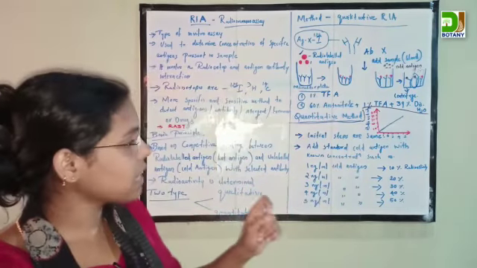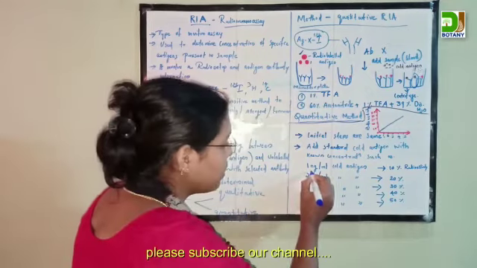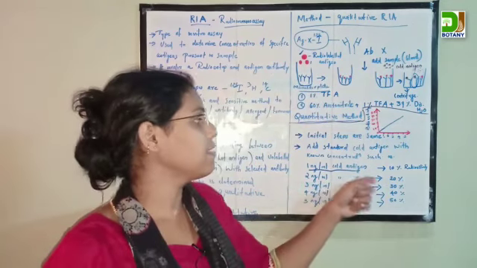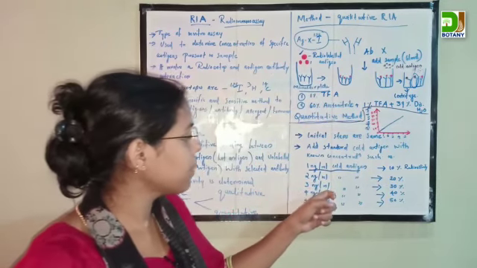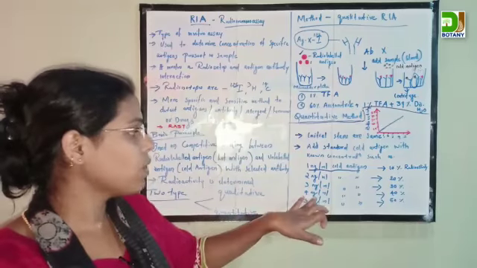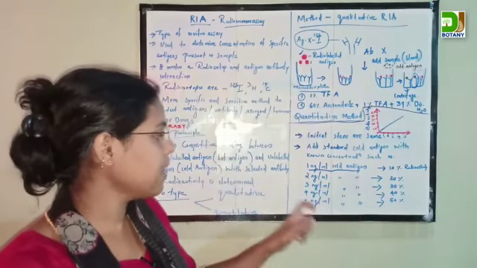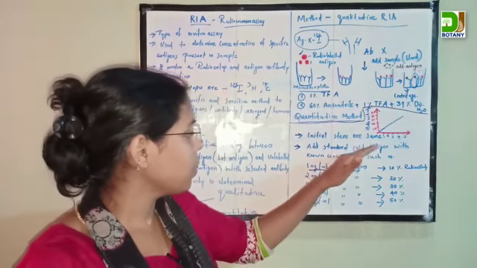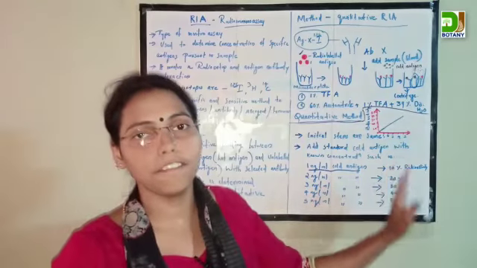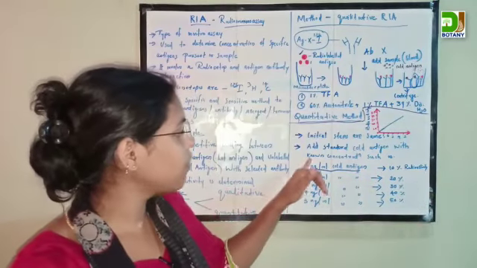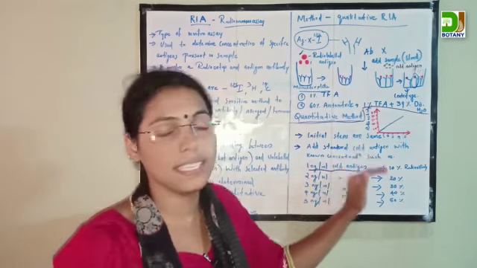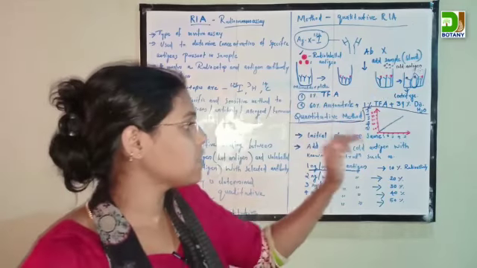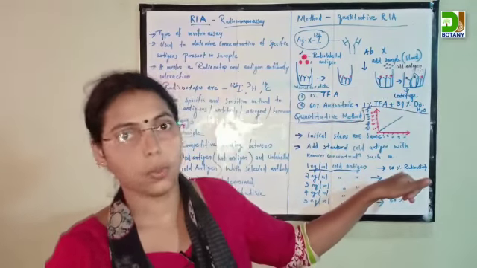The added concentrations are 1 nanogram per milliliter cold antigen, 2 nanogram per milliliter, 3 nanogram per milliliter, 4 nanogram per milliliter and 5 nanogram per milliliter cold antigen. Each concentration represents a different radioactivity. The 1 nanogram per milliliter cold antigen replaces some radiolabeled antigens, responsible for 10% radioactivity.